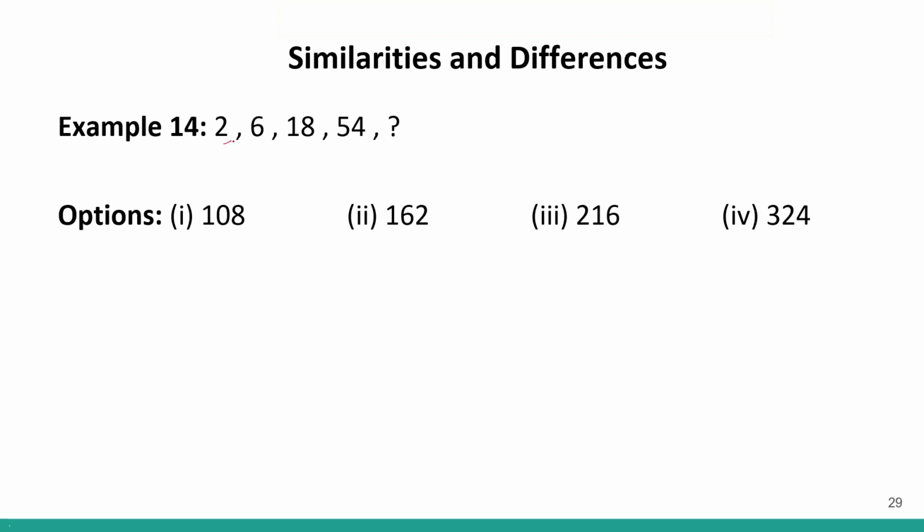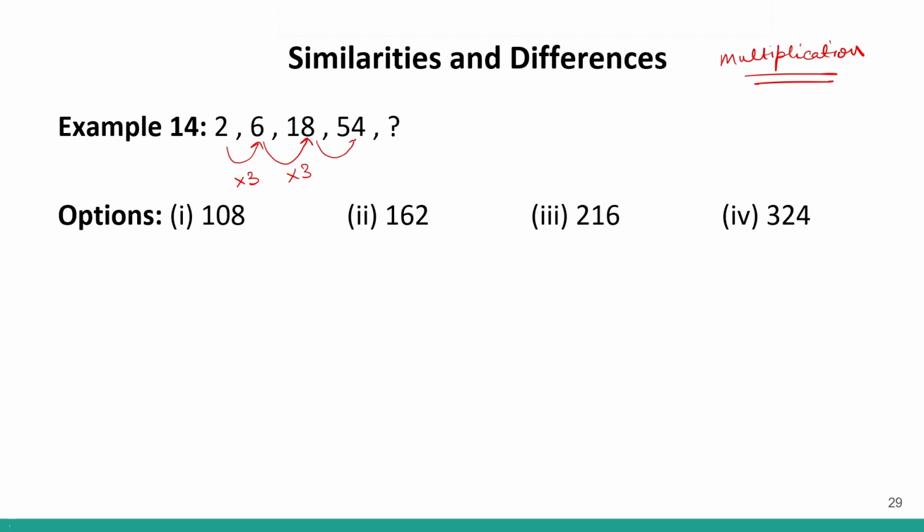Now, 2, then 6, then 18, then 54. So whenever I told you that whenever we see a huge jump, let us try multiplication. So whenever there is a huge jump, there is a possibility that the operation is multiplication and not addition. So from 2 to 6, I can say that we are multiplying it by 3. From 6 to 18, again multiplication by 3.